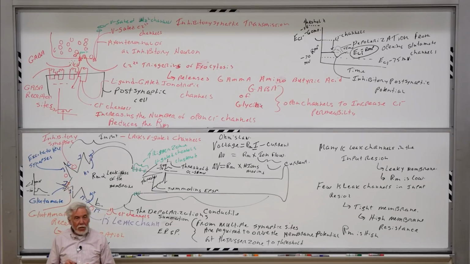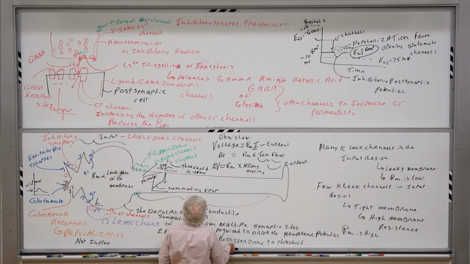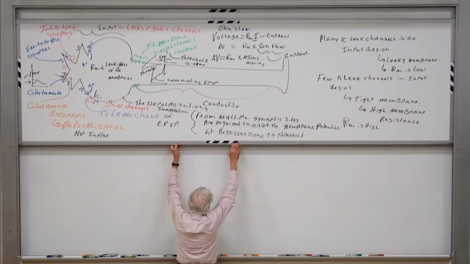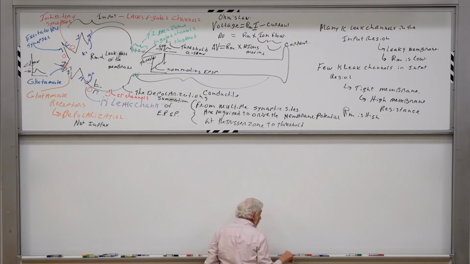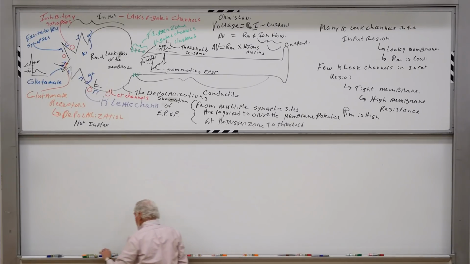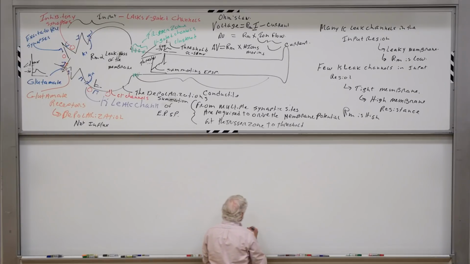Okay, last couple of minutes. What I'm going to do here, on the back panel, I'm going to draw a picture that we have seen before and we'll see again. This is just going to be a slight modification.